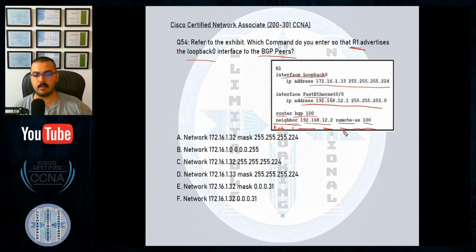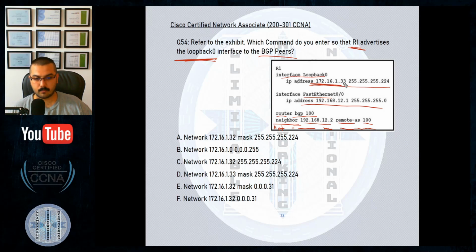That's it. This is the missing command here of advertising your network. Since the question asks to advertise your loopback, not your physical interface address, then you should advertise this address.